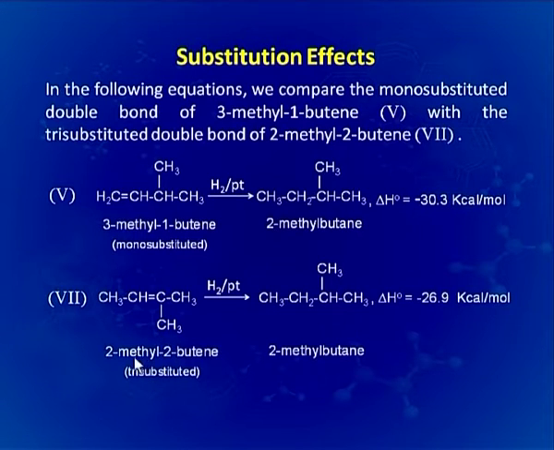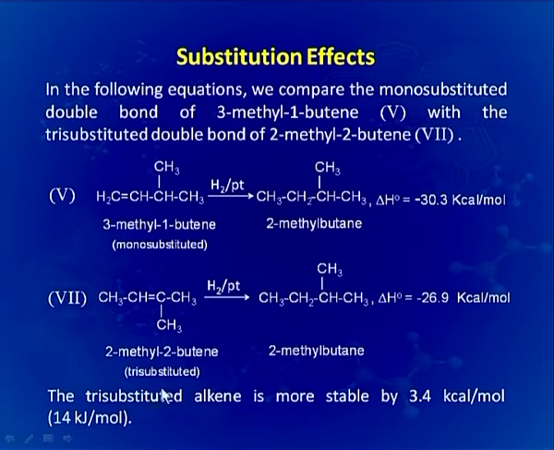When we compare it with 2 methyl 2 butene, a trisubstituted alkene, the heat of hydrogenation is 26.9, while in both cases the product is 2 methyl butane. This explains that the trisubstituted alkene is more stable in comparison to the monosubstituted one. We observe that the trisubstituted alkene is more stable by an amount of 3.4 kilocalories per mole.